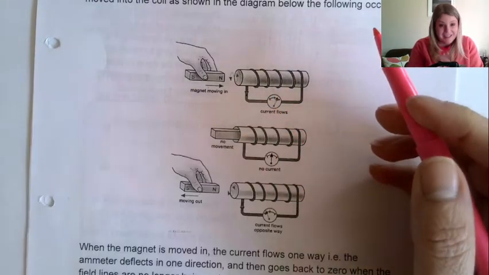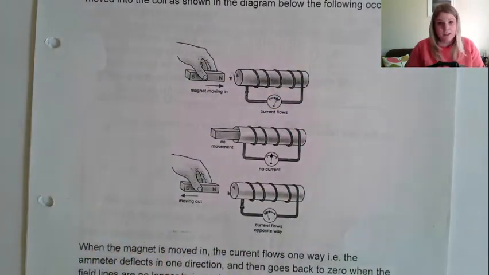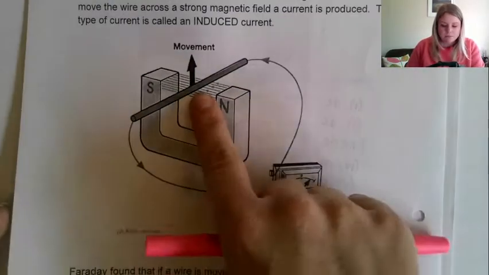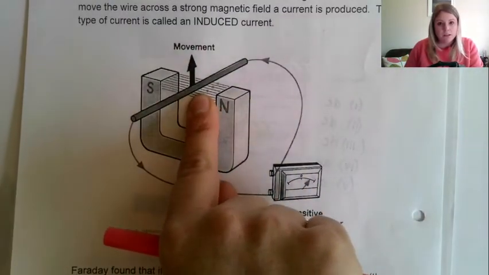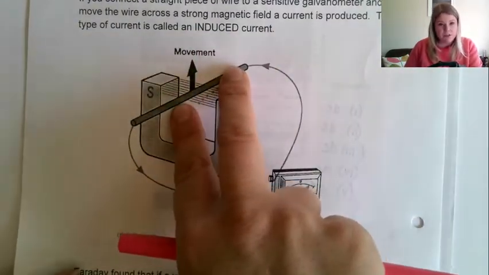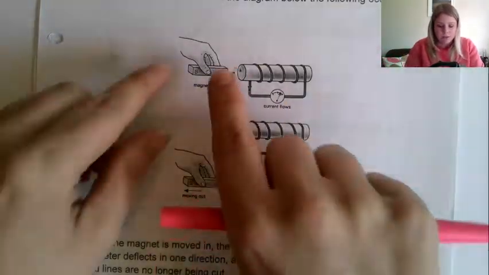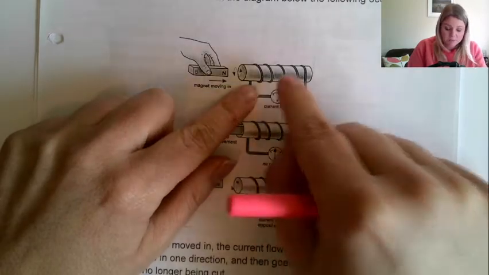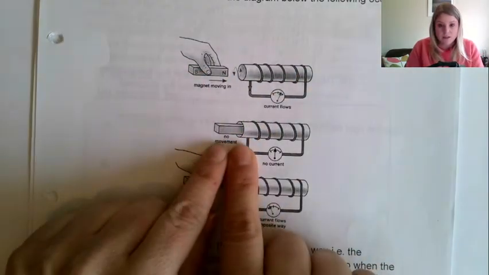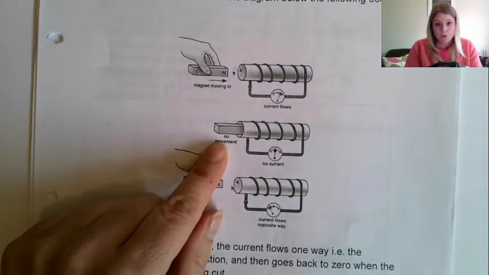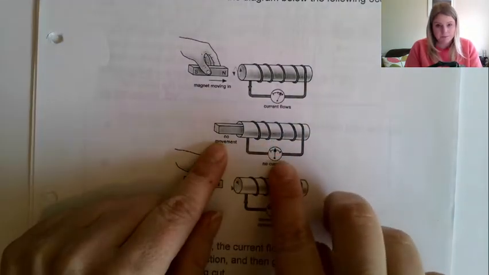Now that current is only there whenever the magnet is moving, because do you remember back here on 226 we only got the current being induced whenever the wire was moving relative to the magnetic field. So it's the same here. Whenever the magnet is moving, you've got a current. As soon as that magnet is stationary inside that coil of wire, no current is going to be induced.